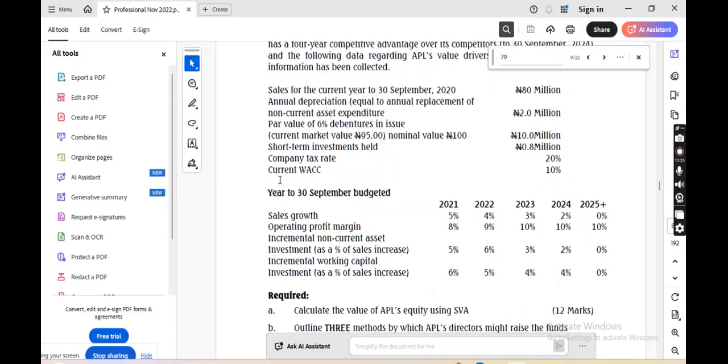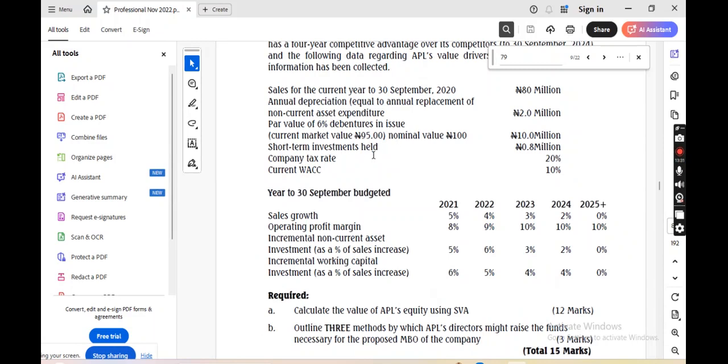We remove it, and we have our value of equity. But in this case, we're given short-term investments held, 0.8. The current market value of the debenture is 10, right?